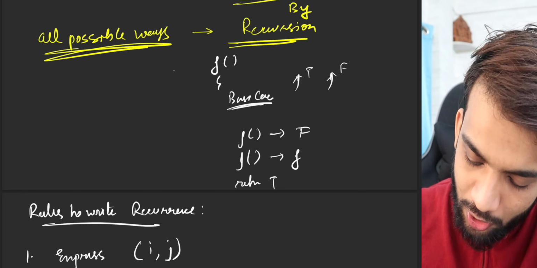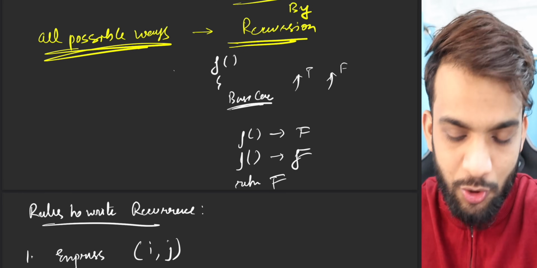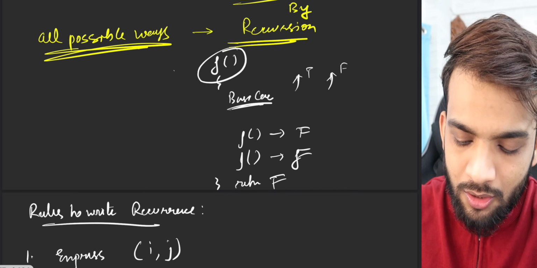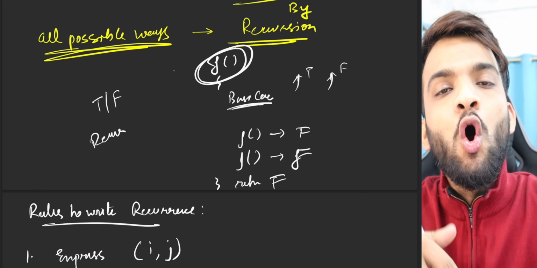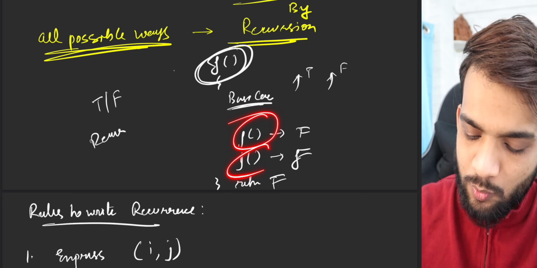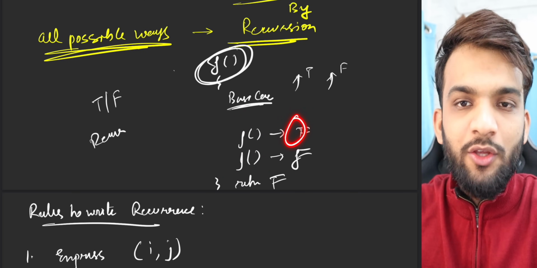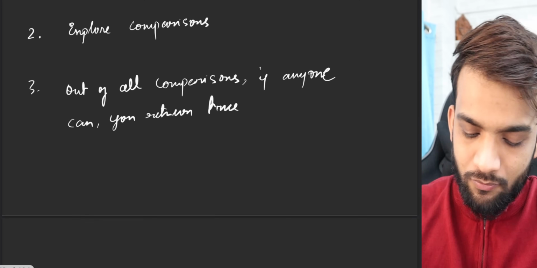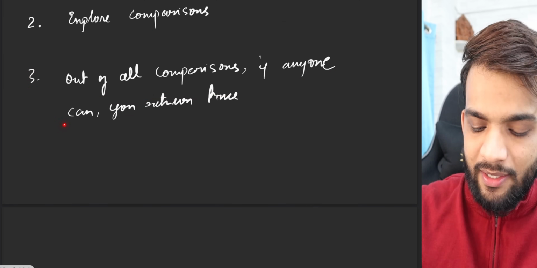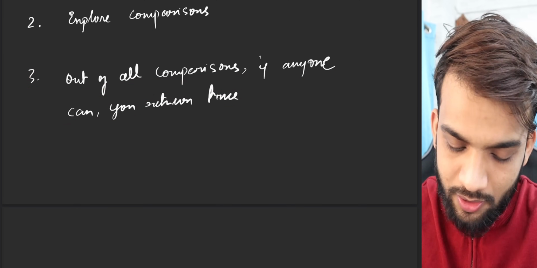If both of them return false, you return false. That's what you do in true and false recurrences. You try out all ways. This is one way, this is one way, and you basically say, okay, what are you returning? And on that basis, you do something, right? So, out of all comparisons, if anyone can, you return true, correct?